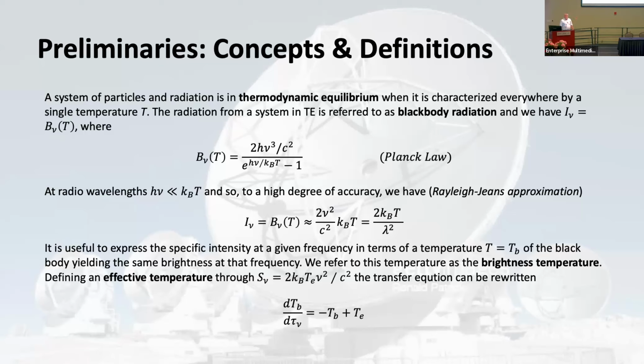It's a proxy for specific intensity. And let's face it, saying Kelvin is much less of a mouthful than ergs per centimeter squared per second per hertz per radian, okay? But that's what it is. And in fact, you can rewrite the transfer equation in terms of brightness temperature, effective temperature, which is defined in terms of the source function there, and optical depth, okay? Very clean, very simple.